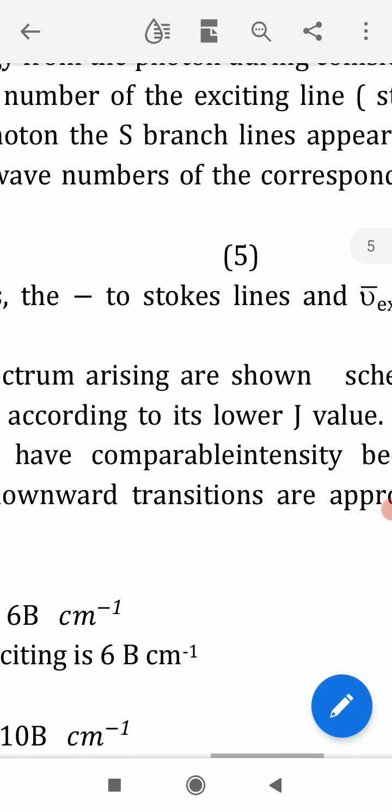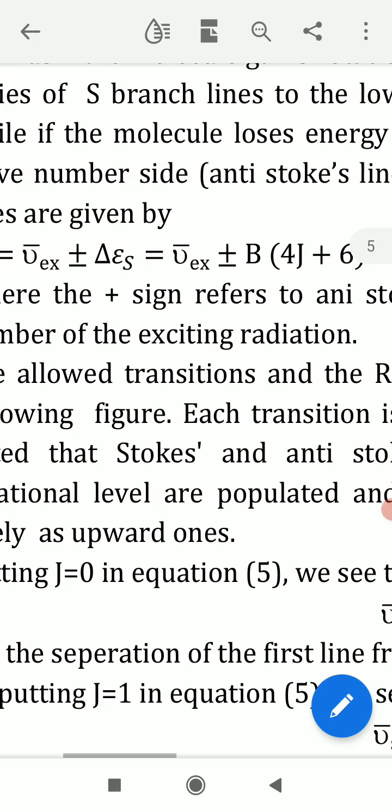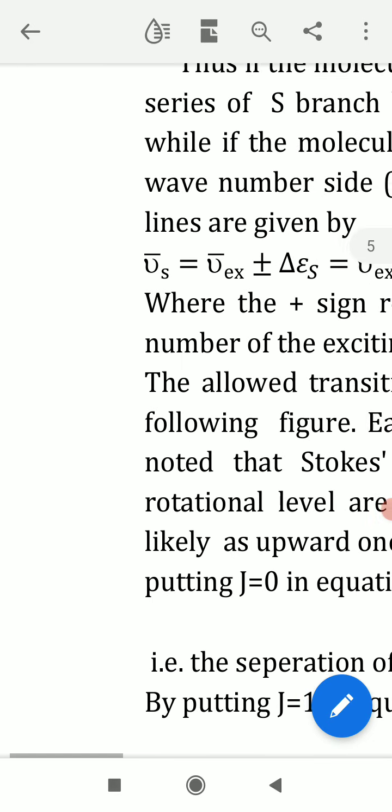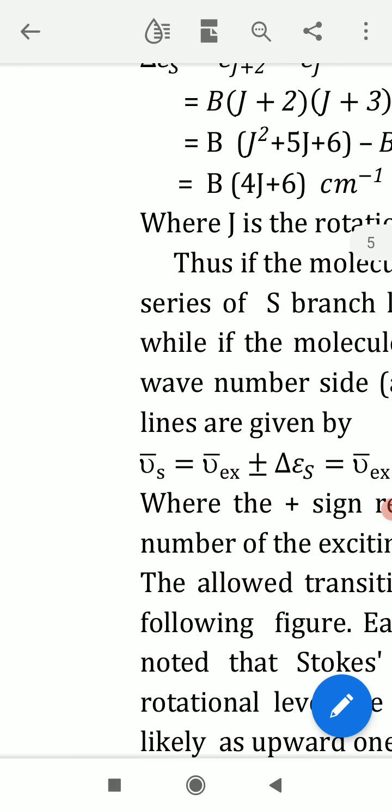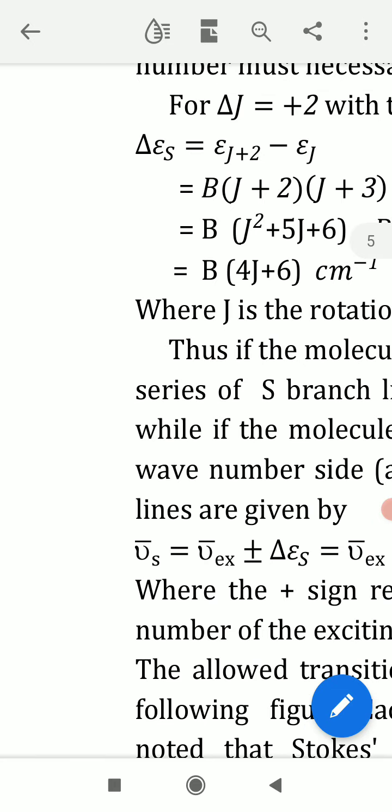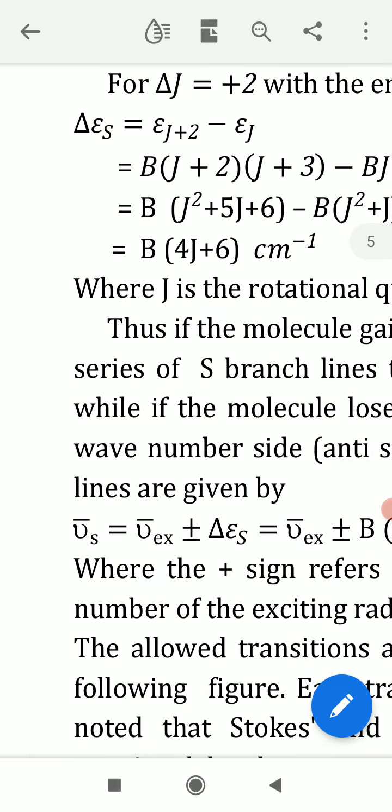The wave numbers of the corresponding spectral lines are given by wave number of spectral lines, written as nu S bar. S for S branch lines, nu bar is wave number. It is wave number of spectral lines obtained by such transitions.